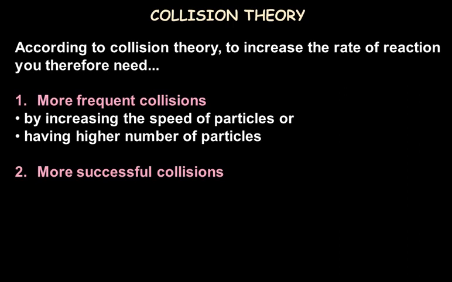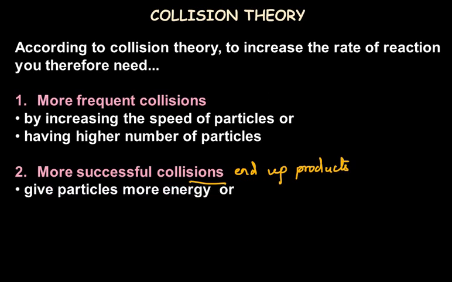Another factor is that if we have more successful collisions. Successful collisions means the collisions which end up in the product. As we have already seen earlier, not all the collisions turn into products. There are collisions which are successful, where the reaction occurs and forms the products. Such collisions are called successful collisions.